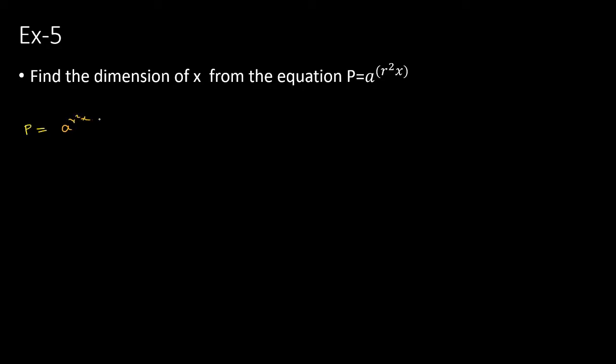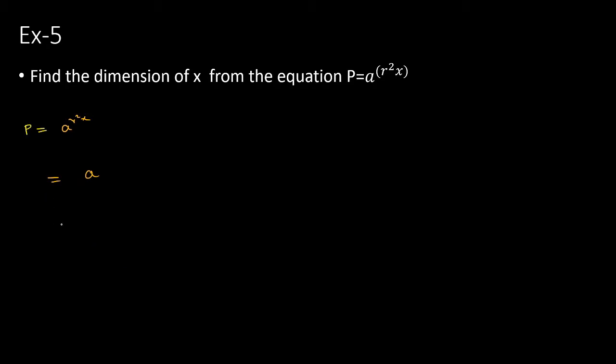That is our equation. So what can I say from this equation? Whatever power a is raised to, it's always a dimensionless quantity. If a to the power something is given, it's always a dimensionless quantity.